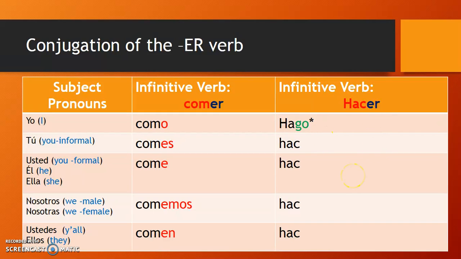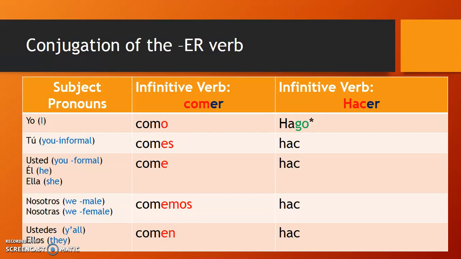By irregular I mean that it does not always follow the rules or the pattern of conjugation. So hago is that irregular aspect of the verb. So yo hago, always, okay? After that, pretty much everything else follows the same pattern. It's just this yo form that is not following the regular rules.